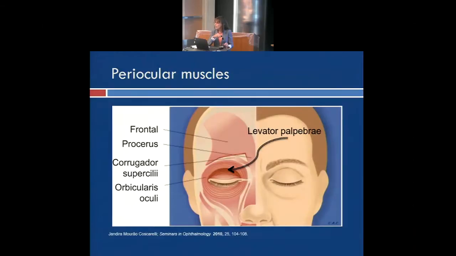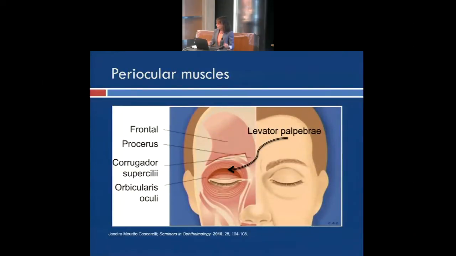This would include the corrugator muscle, that's when you knit your eyebrows. That's what causes that wrinkle. And then you also have the procerus, which gives that wrinkle right above your nose. And then, of course, the frontalis muscle, which wrinkles up your forehead. And these muscles are not infrequently joining in many people who have blepharospasm.